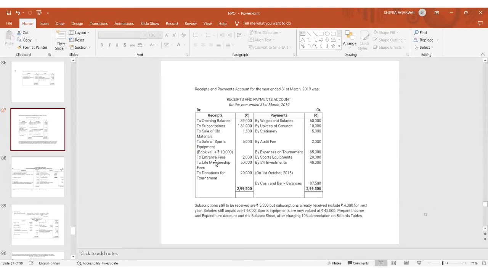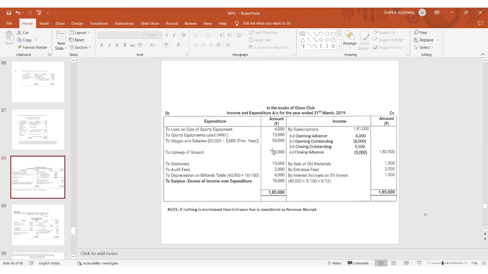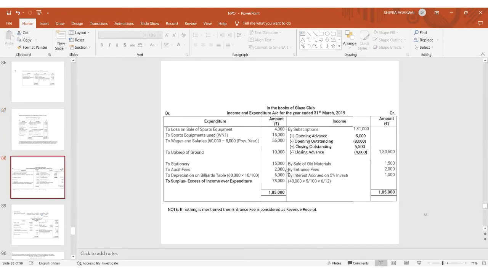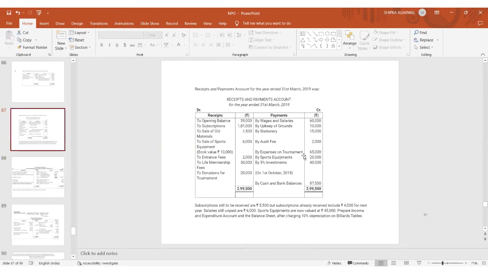Then, okay, we were here. Upkeep of grounds is 10,000. Then your stationery 15,000. Audit fee 2,000. Then all these will not be shown over here because these are capital transactions.